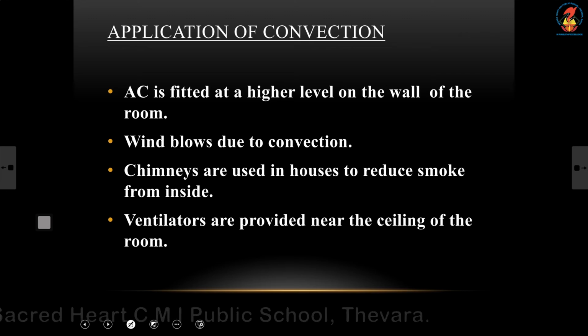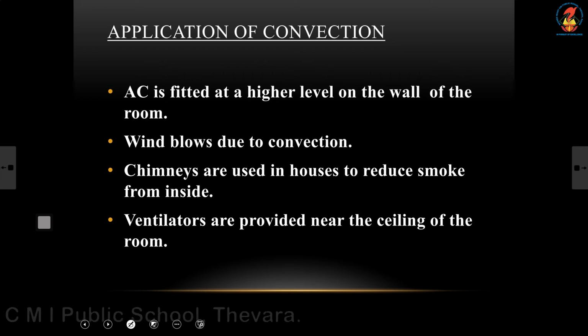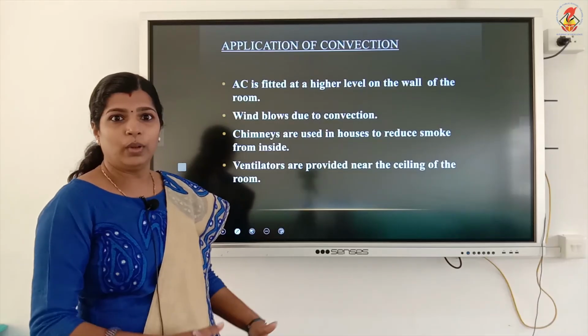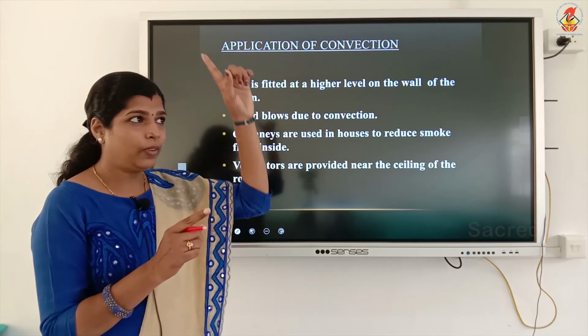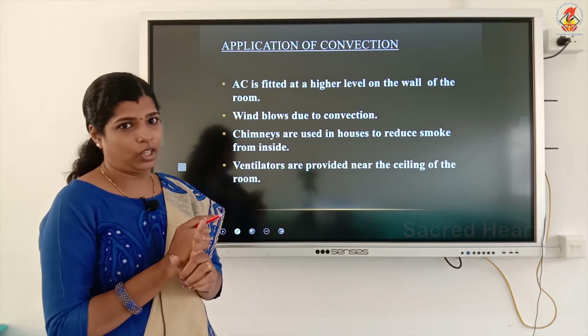Here AC is fitted at a higher level on the wall of the room. AC is normally fitted at a higher level on the wall of a room. The main purpose of AC is to cool our room. So, cool air is denser. It will move in the downward direction.